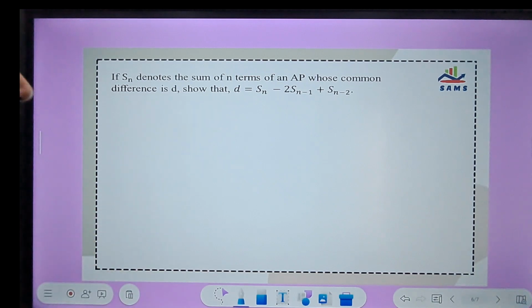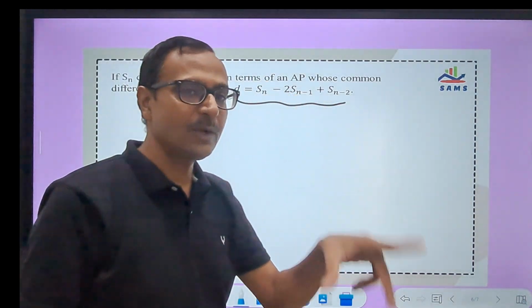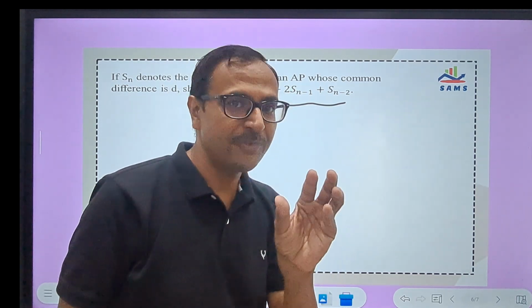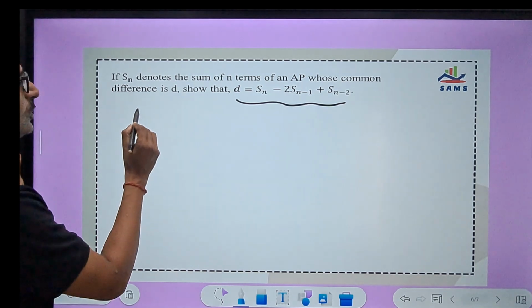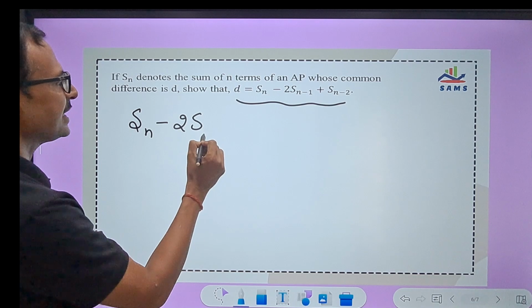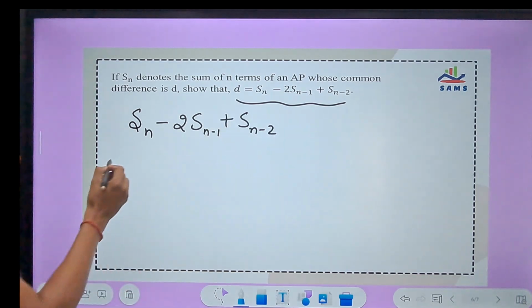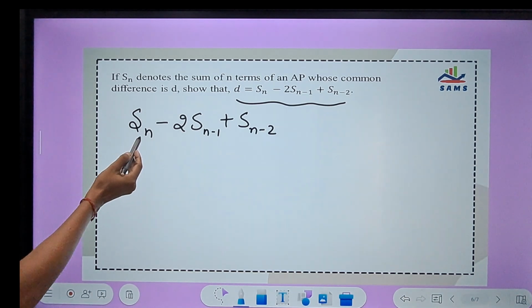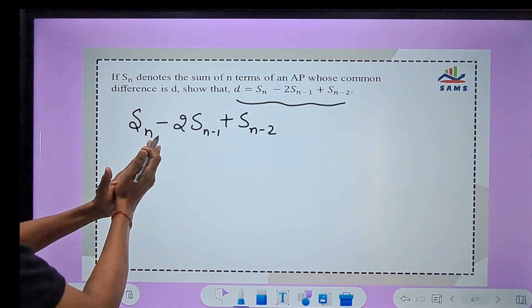Another question of 2 marks which existed in one of the previous exams, and this is based again on finding a term when Sn is given to us. The same thing works for us here. See, you can check Sn minus twice of Sn minus 1 plus Sn minus 2. Now this is given in the question. Can you see Sn minus 1, Sn minus 2, they are like consecutive.